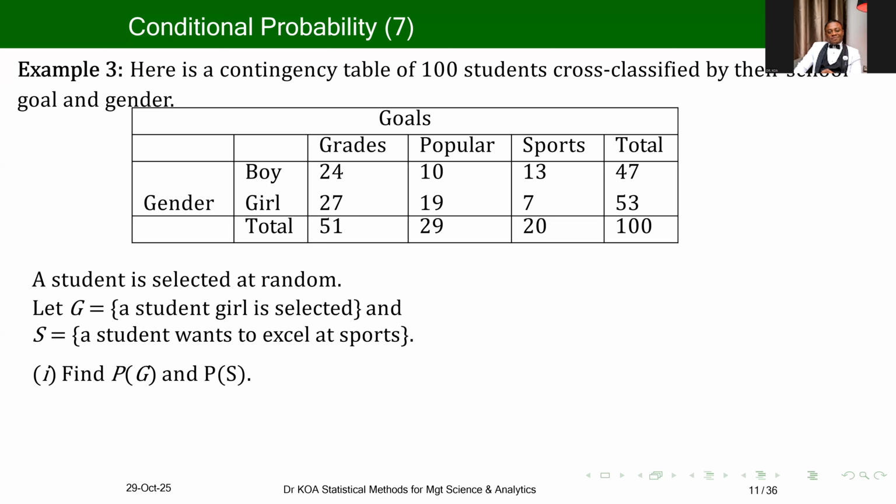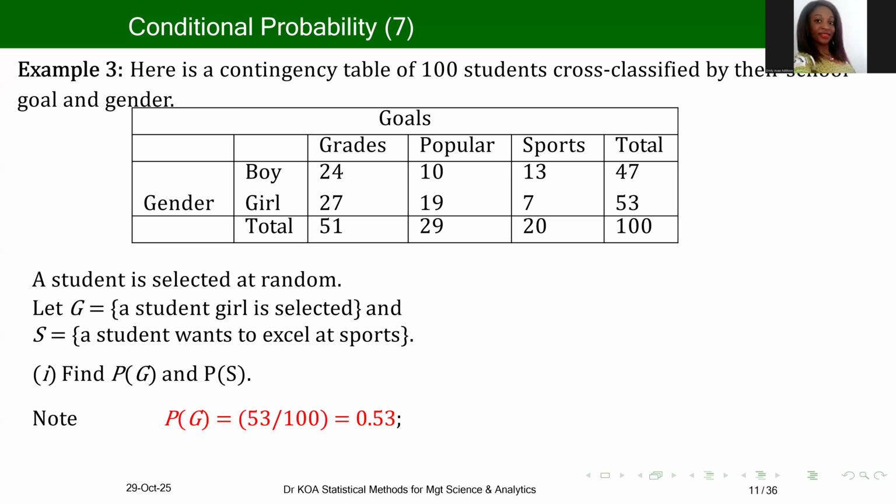It has to be relative to the total sample, which is 100 students. So P of G is 53 over 100, which is 0.53, and P of S is 20 over 100.